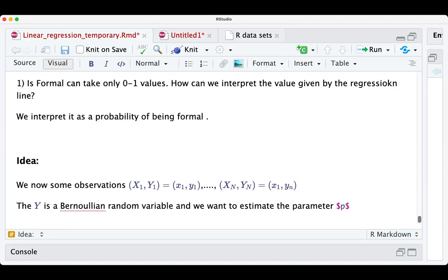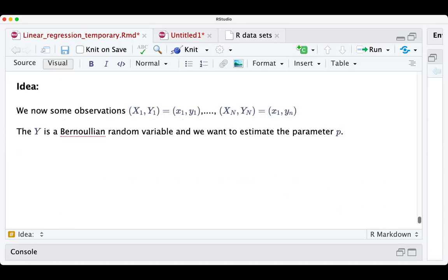Now before we had no x, so we estimated p using the mean. Now we want to use also the information given by x.